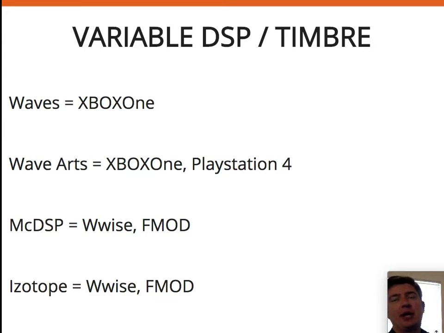One of the first was the Waves plugins that were built for the Xbox 360. It's the same processor. They built the C4 compressor, the Q10 EQ, the Renaissance Reverb, and they built them as plugins that could run on the processor of the Xbox.